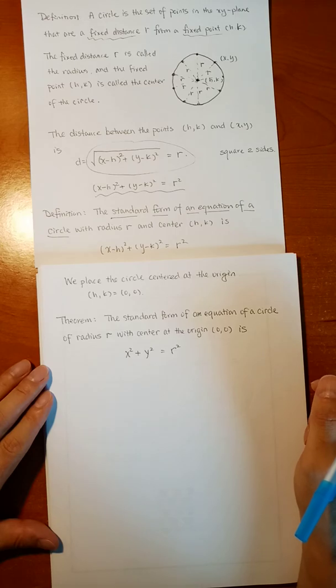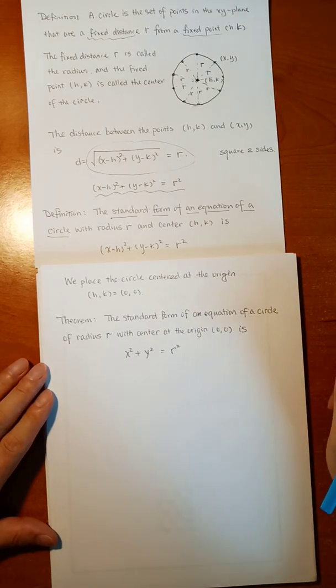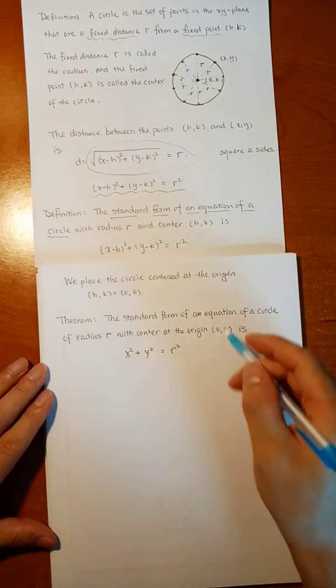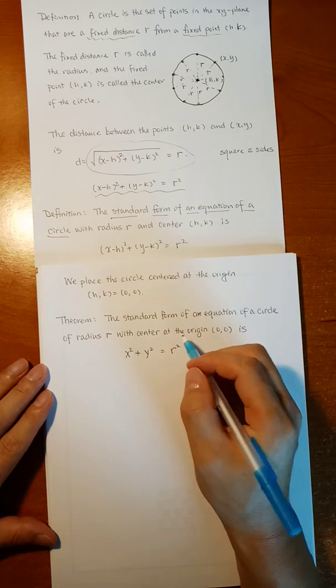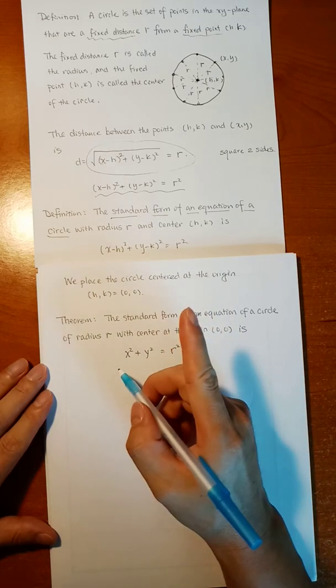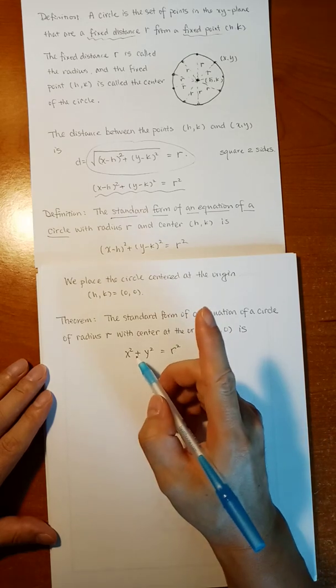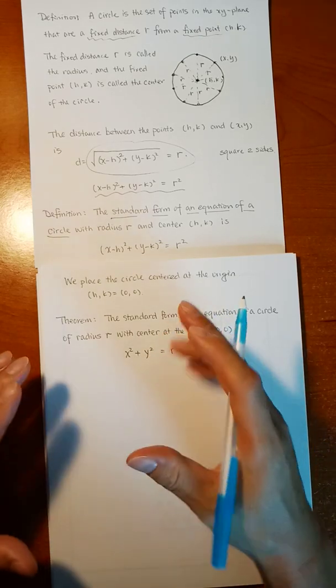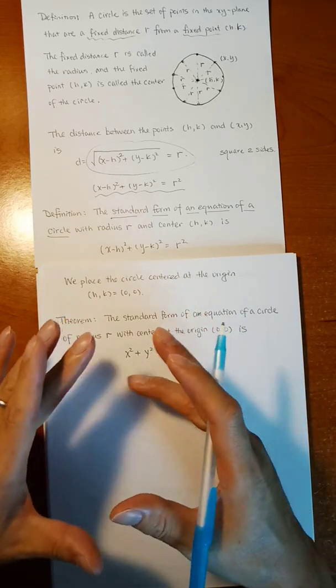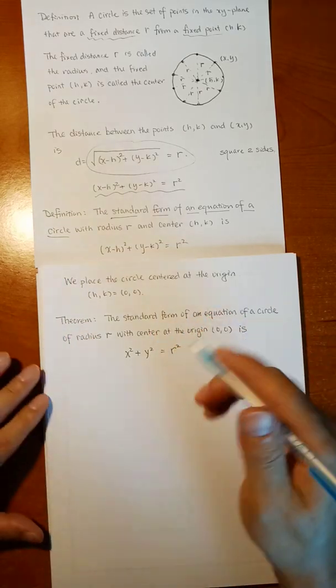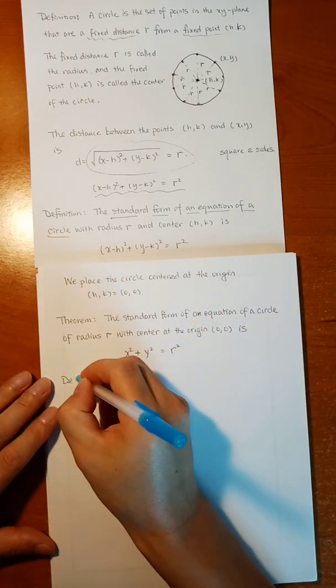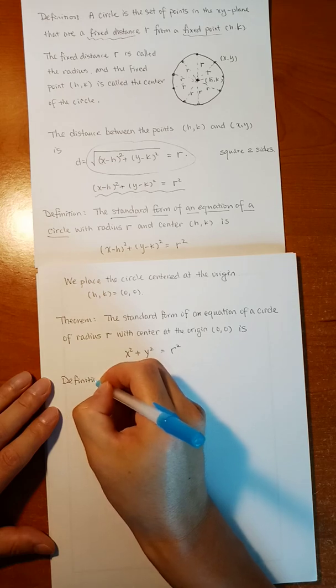All right, next, even among those specially placed circles, we consider one even more special. Which one? We let r be the number one. One is the unit, right? That's why we consider it even more special.